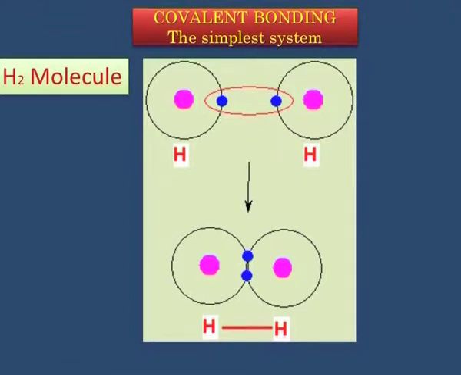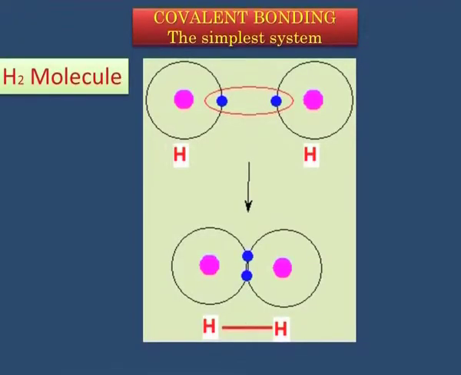Coulomb's law simply states that like charges repel each other, and only unlike charges attract. Now you have like charges, the two electrons. How can you explain the bonding between the two hydrogen atoms? That is the reason why I told you that quantum mechanics will play a considerable role in explaining covalent bonding, which we will see in greater detail in the next lecture.